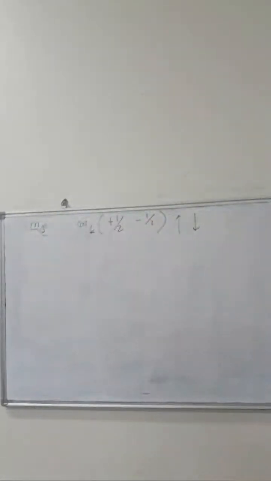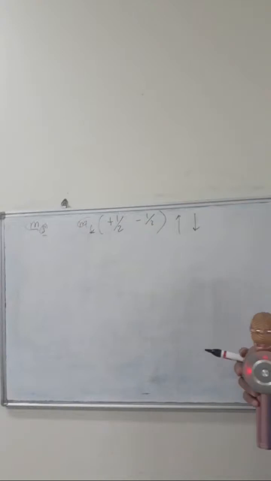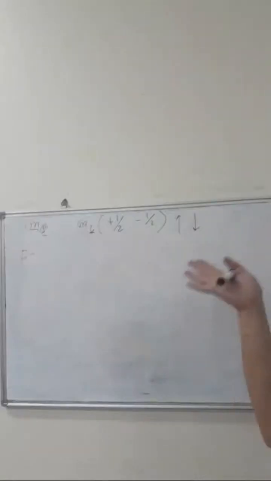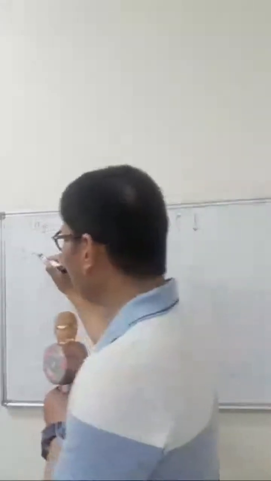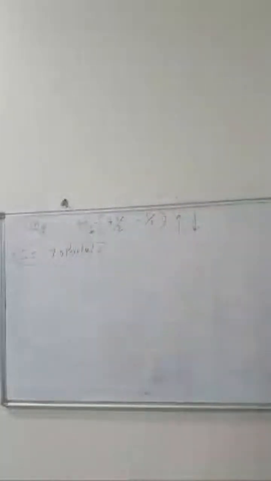Now, if I have a question that goes like this: what is the orientation or the positioning of the seven orbitals in the F sublevel? In the F there are seven, as far as we remember.